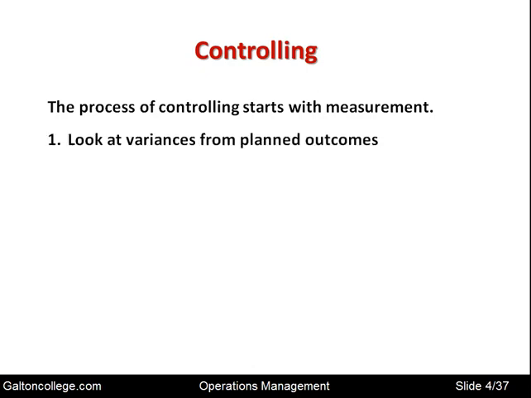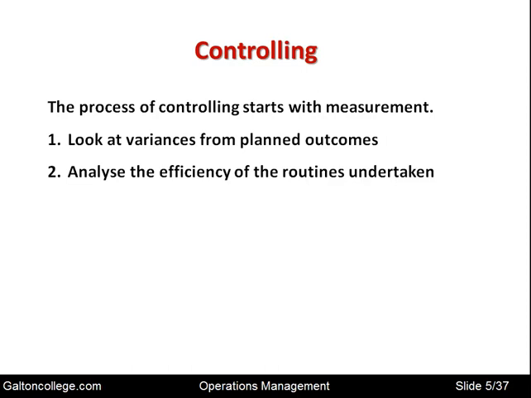So what we're doing is we're looking at variances from planned outcomes. We plan the outcome and then we look at the differences between what we planned and what we actually get, and that can spark off intervention and some means of controlling the process, tweaking the process, as I said earlier, to try and get a better result.